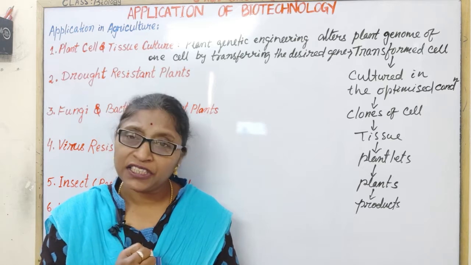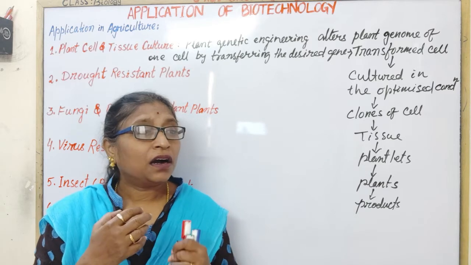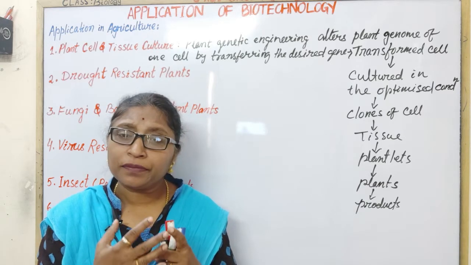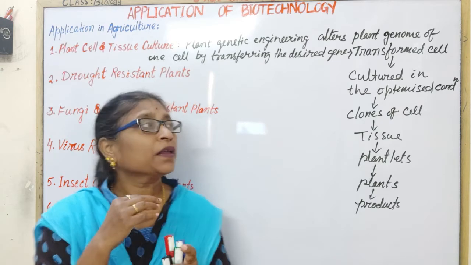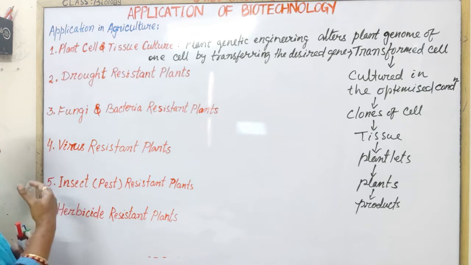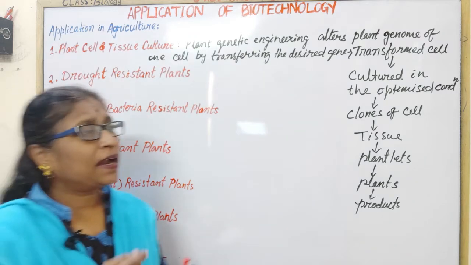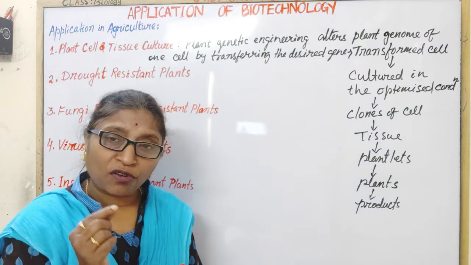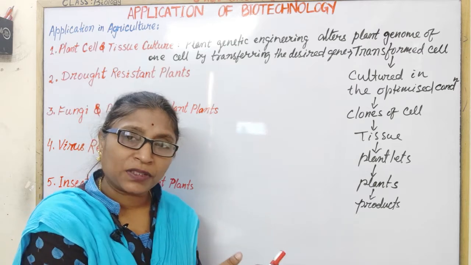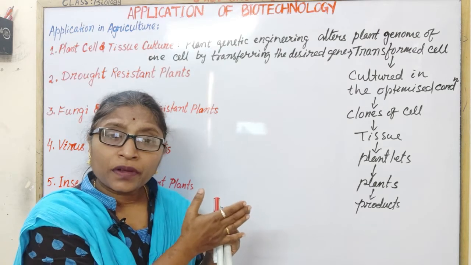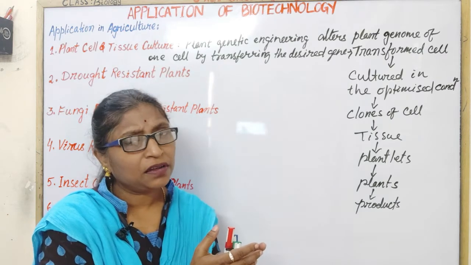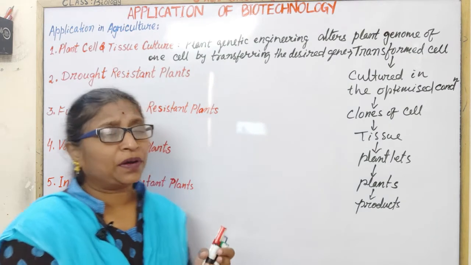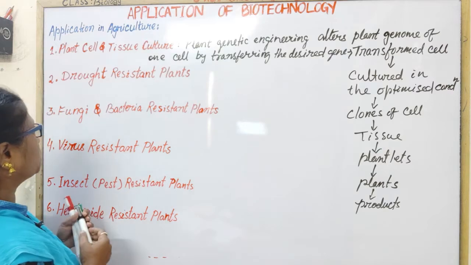The genetic engineers already find out the drought resistant plants, and the genes of that drought resistant plant are transferred to the developing crops which are required as human beneficial crops.